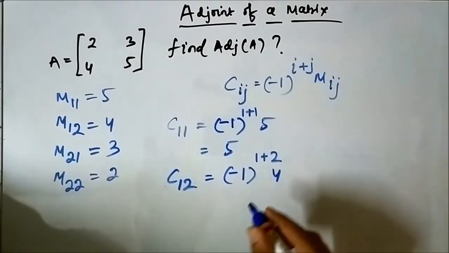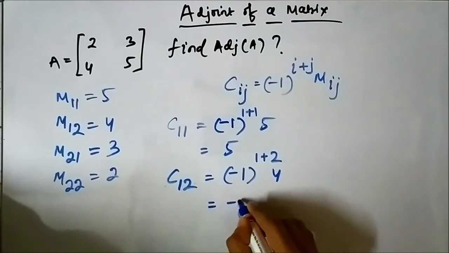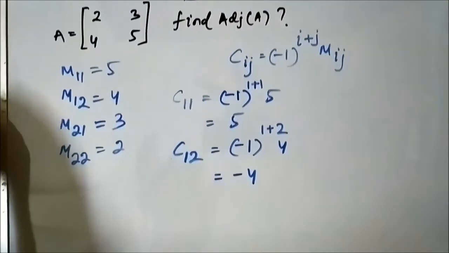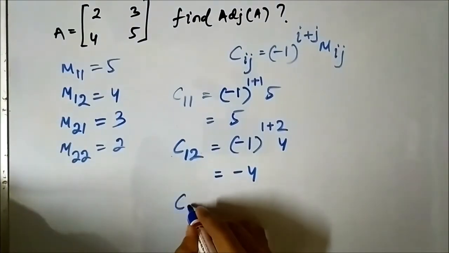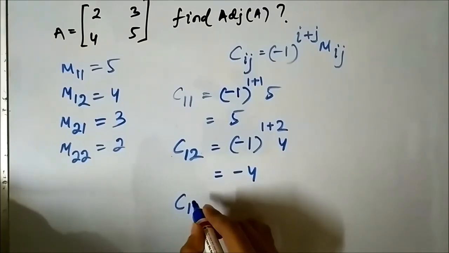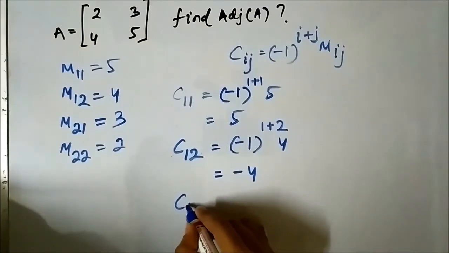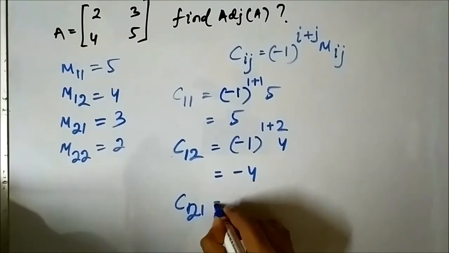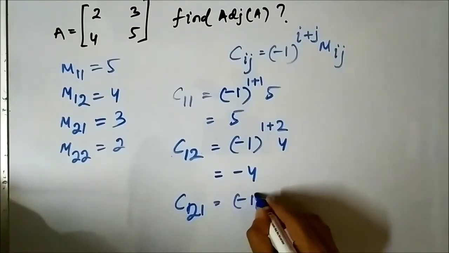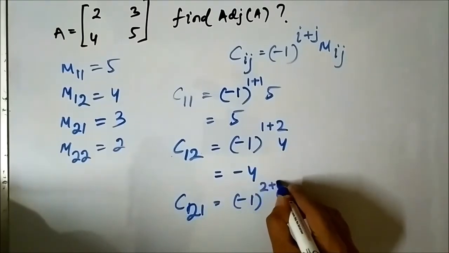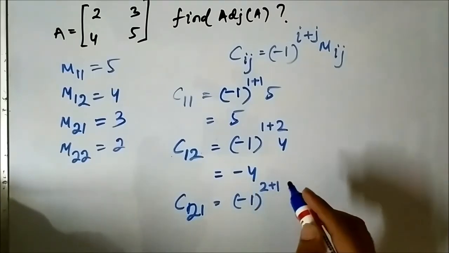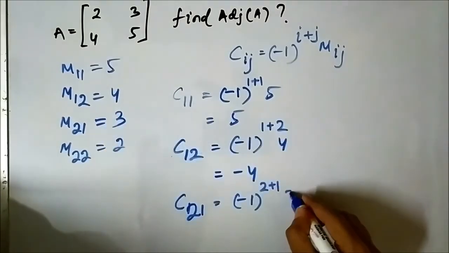Now minus 1 to the power 3 is minus 1, so it becomes minus 4. Similarly, C21 is equal to minus 1 to the power 2 plus 1, which is i plus j, into M21, which is 3.